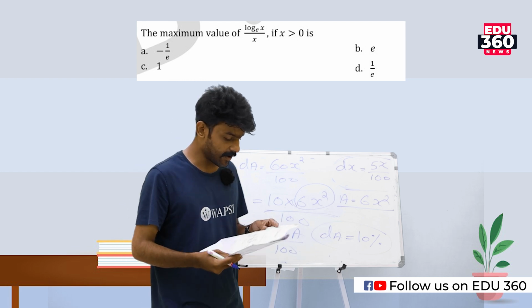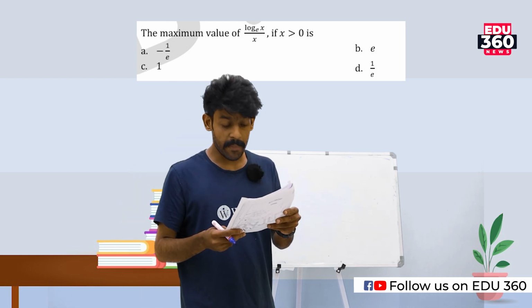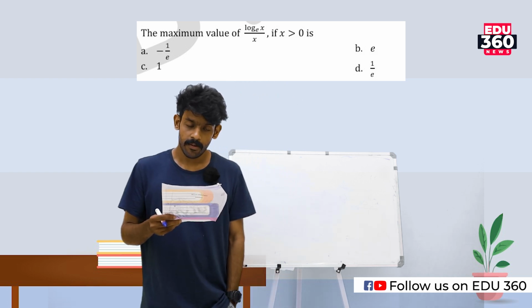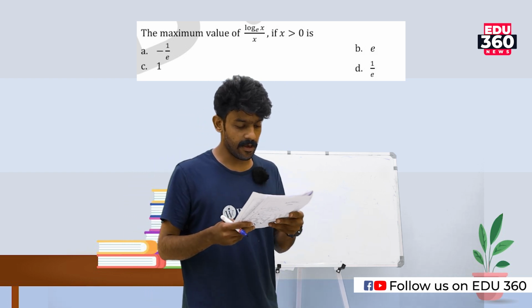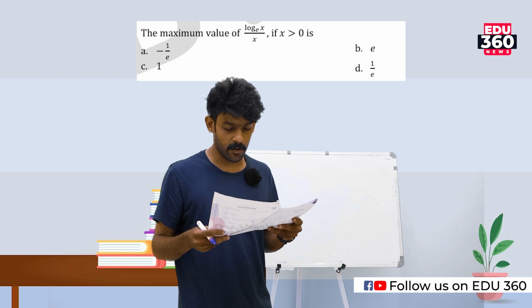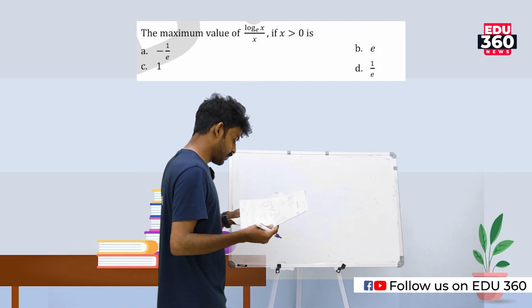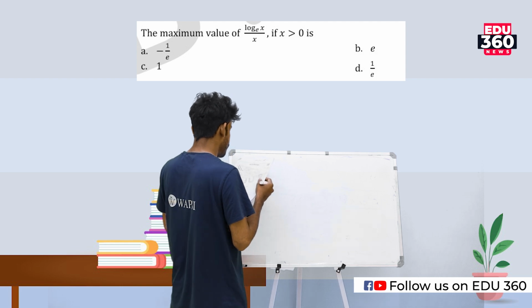So the question is, we need to find the maximum value of log x by x, with the condition x greater than 0. That is maximum value.